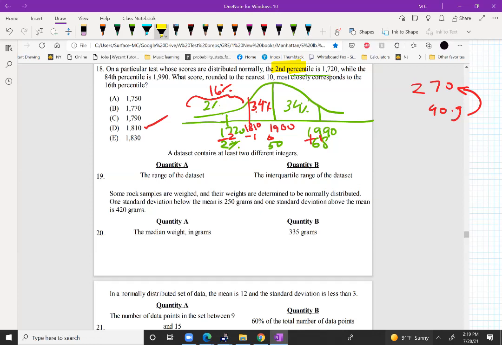What was the interquartile range again? It's like the 3/4 minus the, something like that.